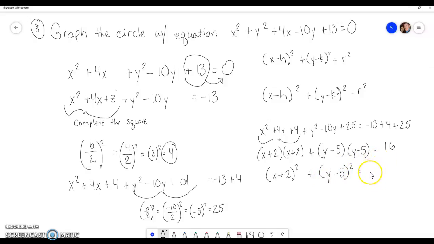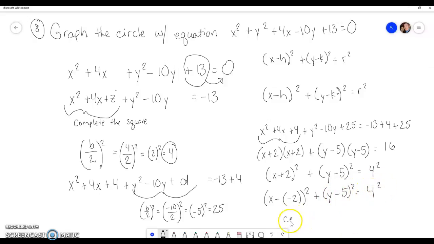The square root of 16 is 4, so I have 4 squared. Now remember, I need to find the center. Remember this is x minus h, so I need to rewrite this as x minus negative 2 squared plus y minus 5 squared is equal to 4 squared.